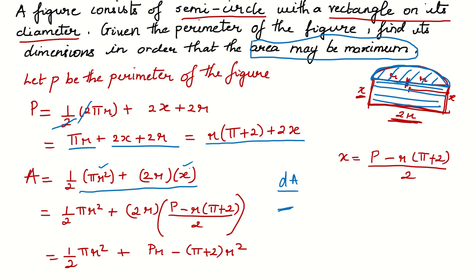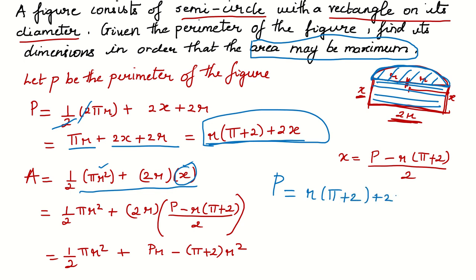So I convert this x and write it in terms of r. From where? From this equation here. So P is r times pi plus 2 plus 2x. And P is not a variable, it's a number because it's perimeter.